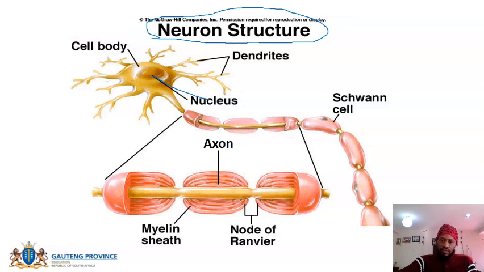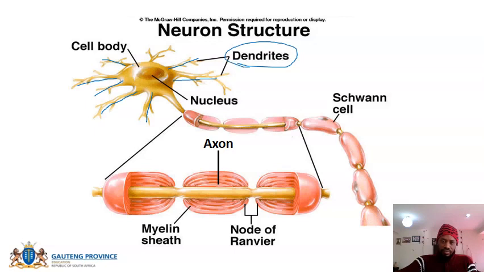Now, around the cytoplasm or around the cell body, we have cytoplasmic extensions. These are extensions radiating around the cell body. I want you to remember that. And these extensions are what we call dendrites.